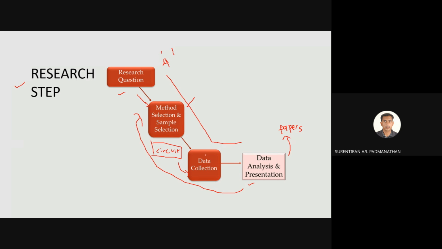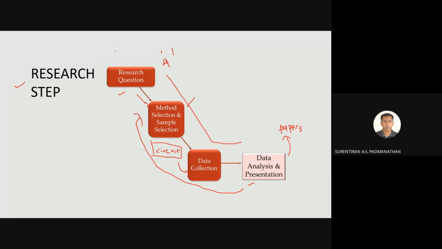So data collection is very important. Then once you've done data collection, you'll go to the data analysis and presentation part. So this is the flow, just the steps that you have to follow.